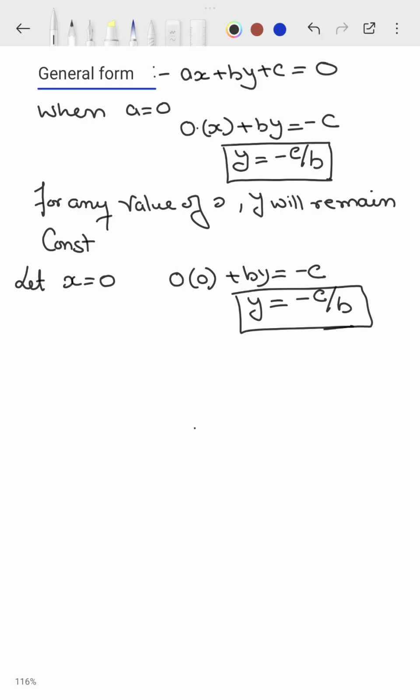See, this is a special case. Reason being, by definition, when x is 0, the equation represents the y-axis.